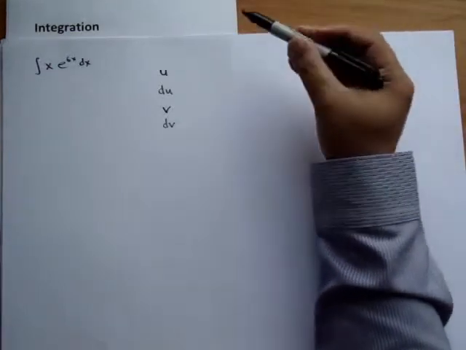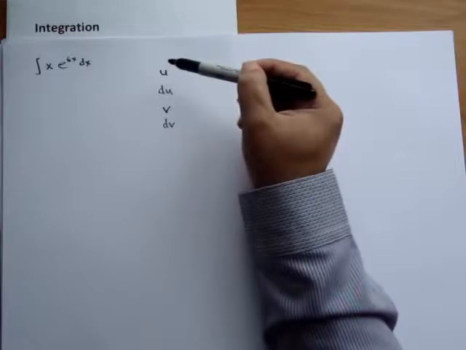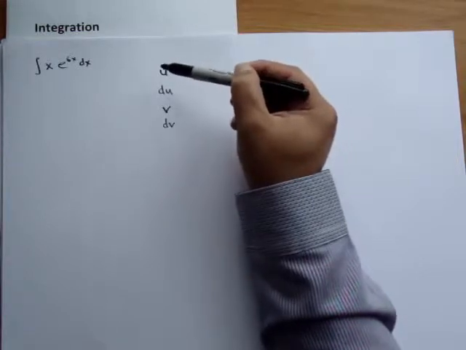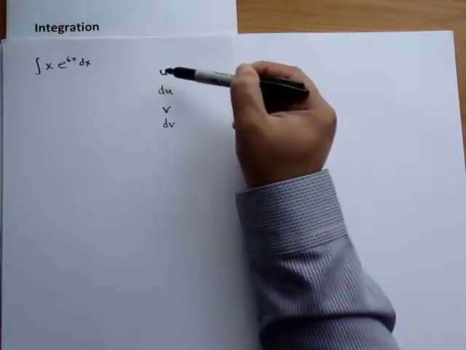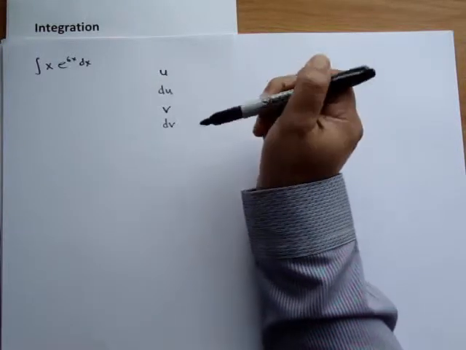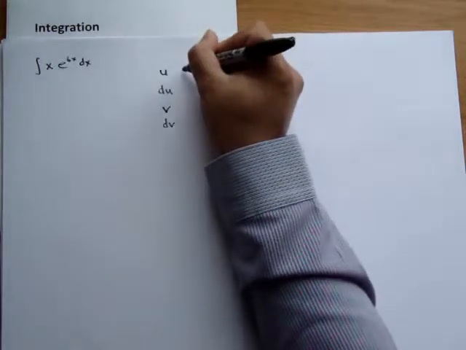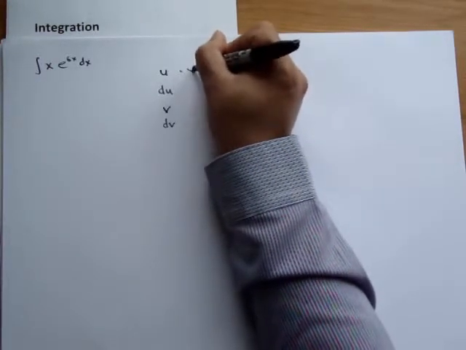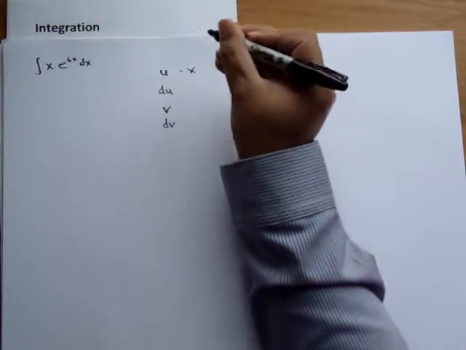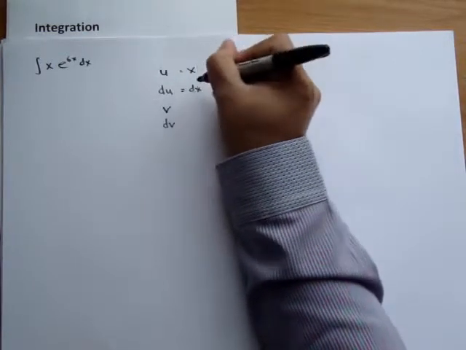When we do our substitution, usually we try to find a u which when we differentiate it becomes more simple. So in this case, if we choose our u to be x, our du becomes dx, or 1 dx.